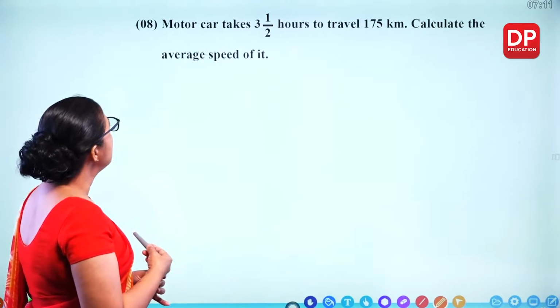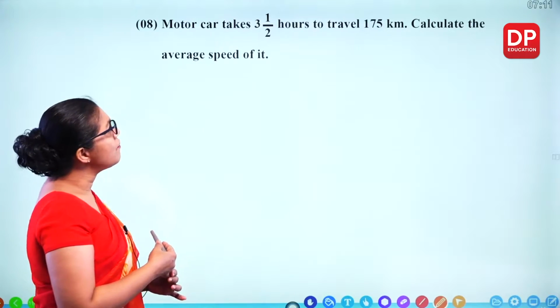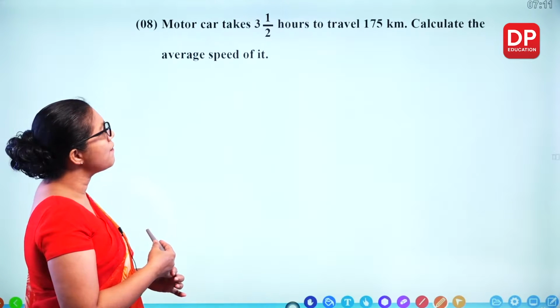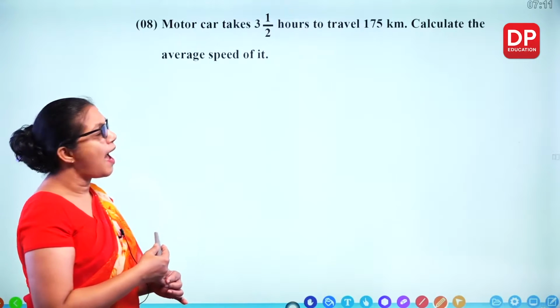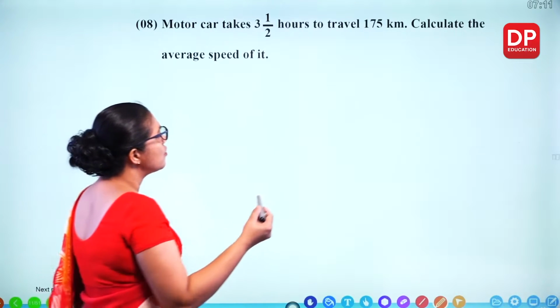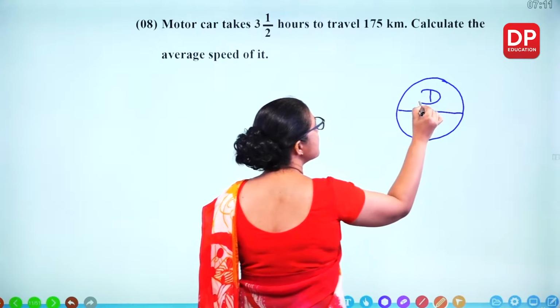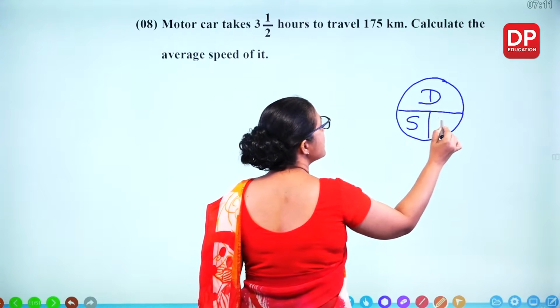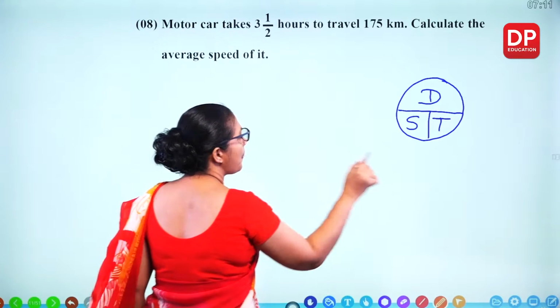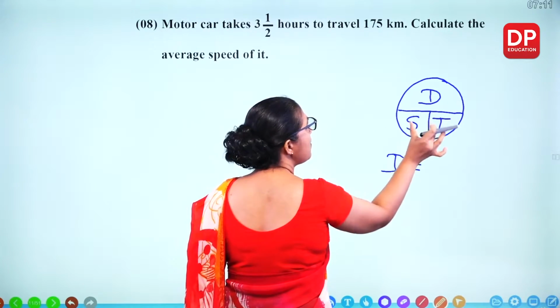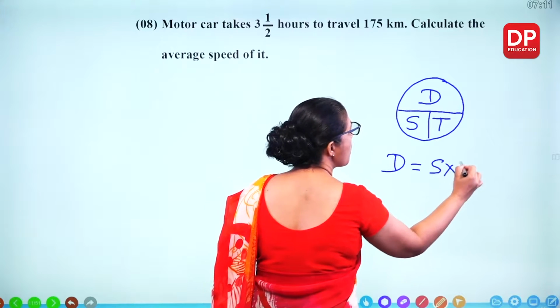Question number 8. A motor car takes 3.5 hours to travel 175 kilometers. Calculate the average speed of it. So, can you remember the formula? If you take distance as d, speed as s, and t as time, distance we can find by multiplication of these two.